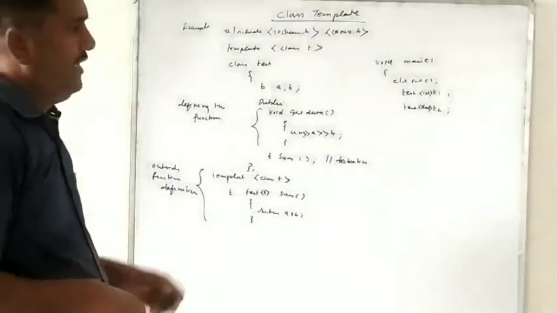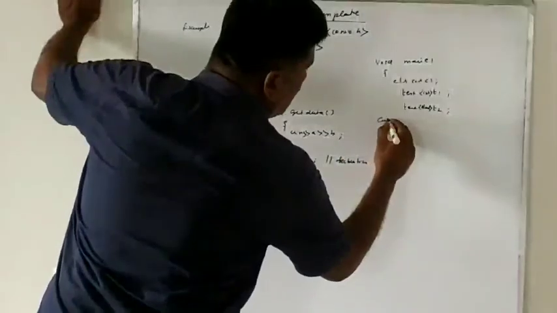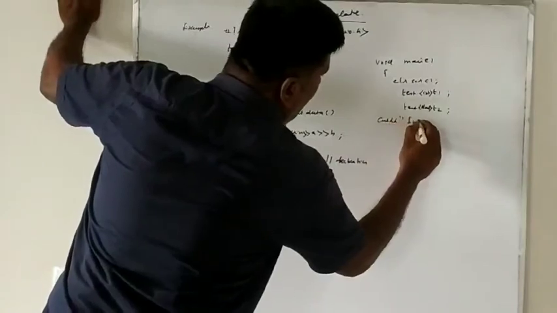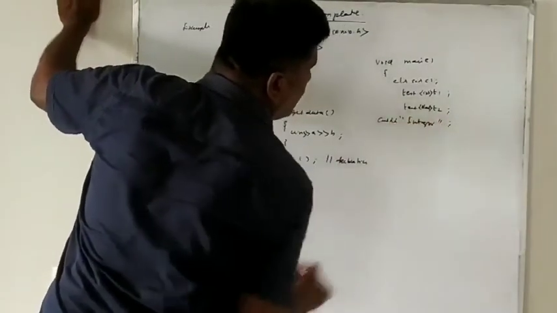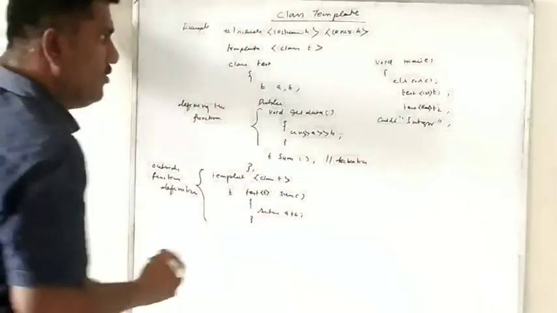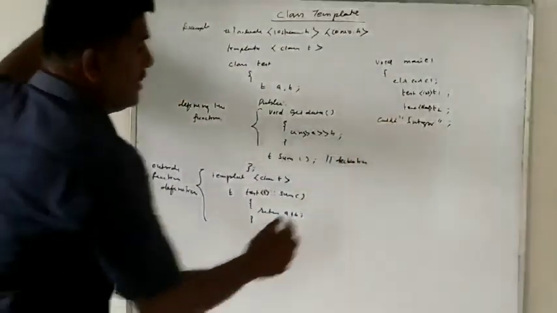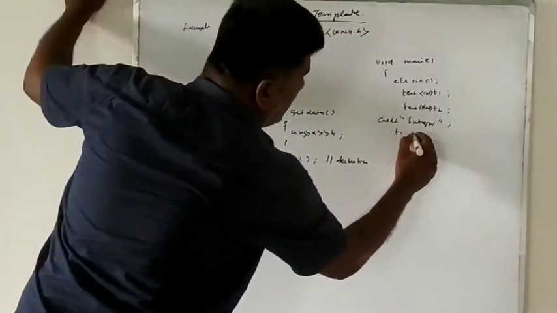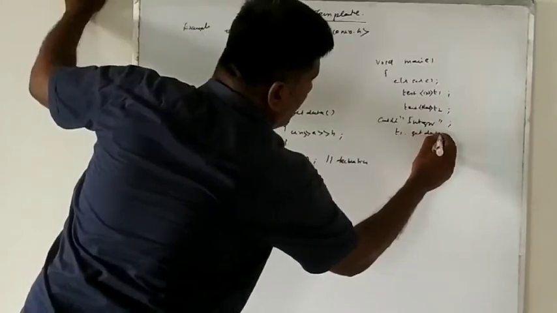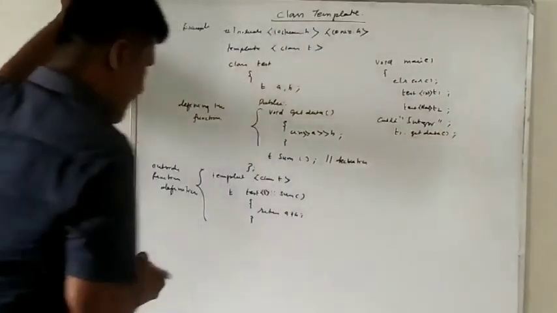Now we get the values. Here cout is just for printing purposes. So now you call T1 dot get data.